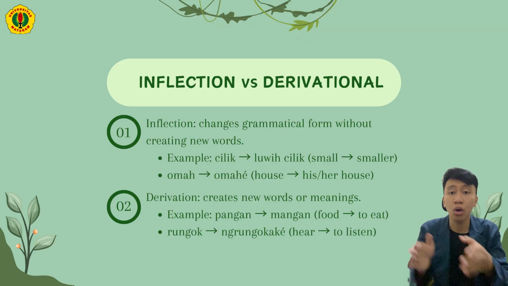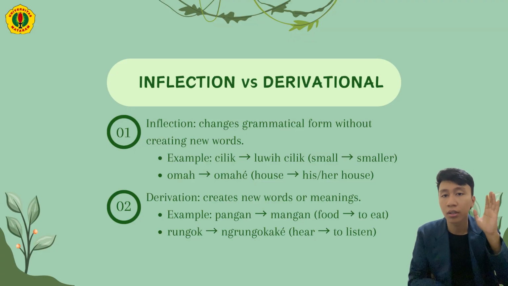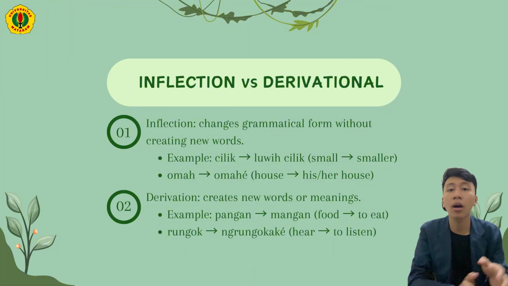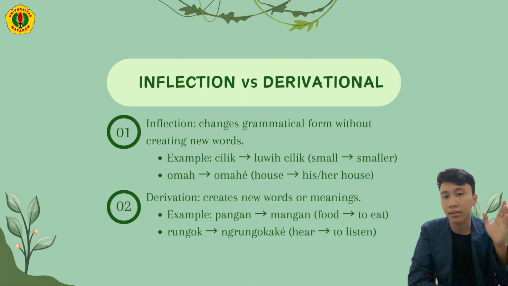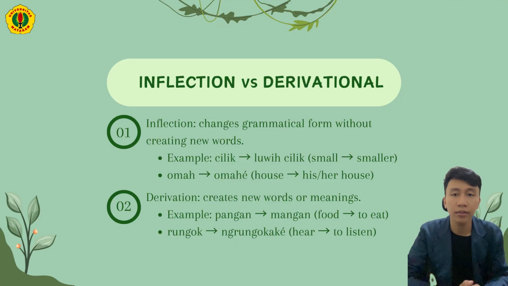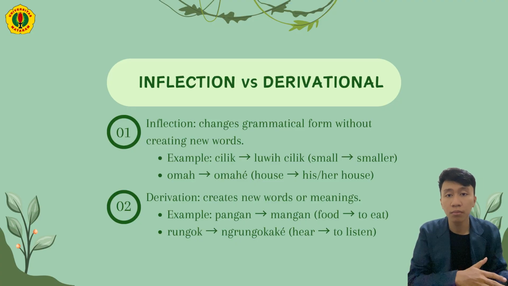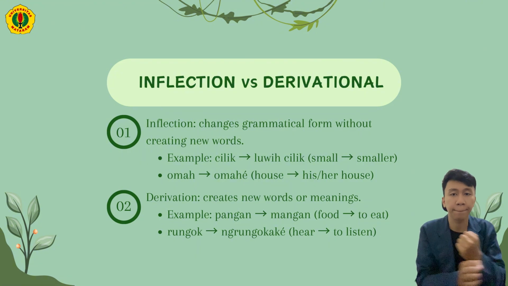Another one is rungok, which becomes ngrungokake, to listen. Another one again, sapu, broom, becomes nyapu, to sweep.